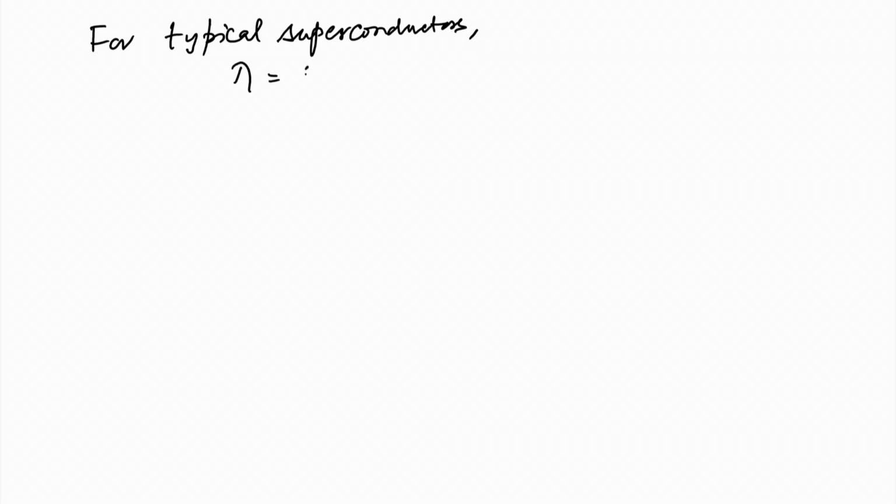For typical superconductors, lambda is about 500 angstrom, as we have already said, and xi is about 5000 angstrom.